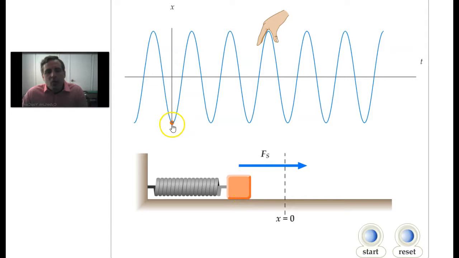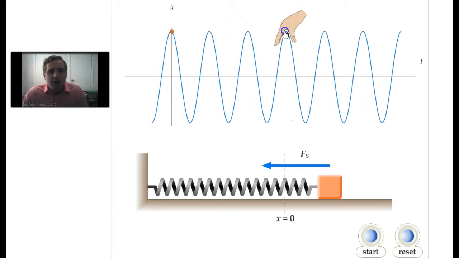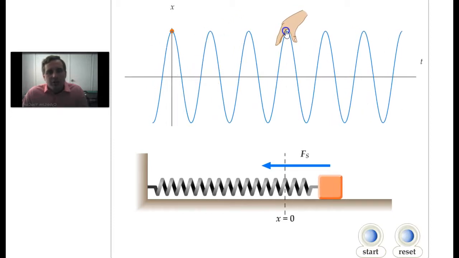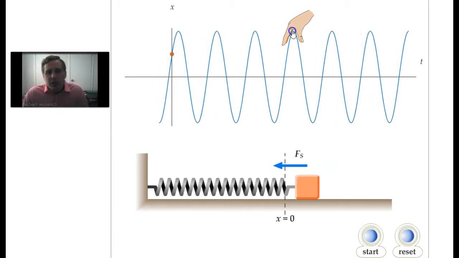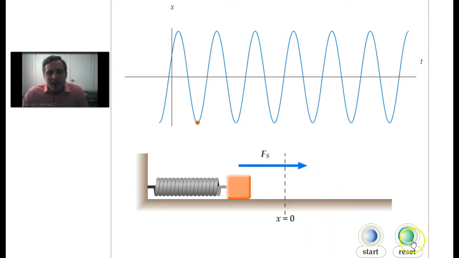And notice that we could start this thing anywhere we want. We could set phi, which is the phase shift, to be, I don't know, shifted to the right, say, pi over 4 radians, and just start it right there. That might not be as useful.